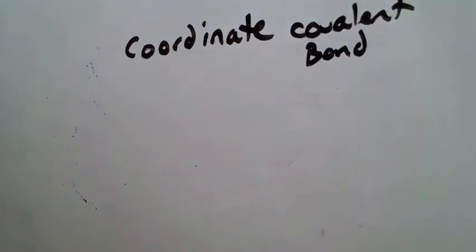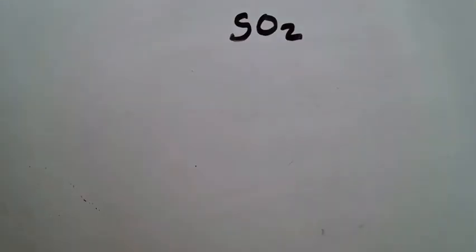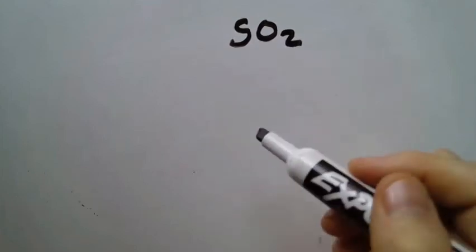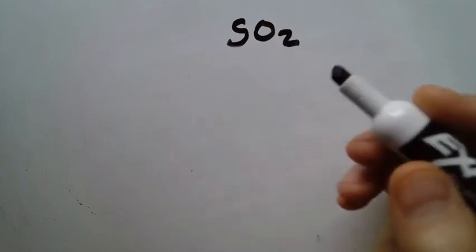Now, what happens with this? Let me show you what I mean here. Let me take as an example sulfur dioxide, SO2. Now, like the NO2 before, it is going to have one thing in the middle and two things on the outside. But notice this is not an ion. All right, this is just a molecule.